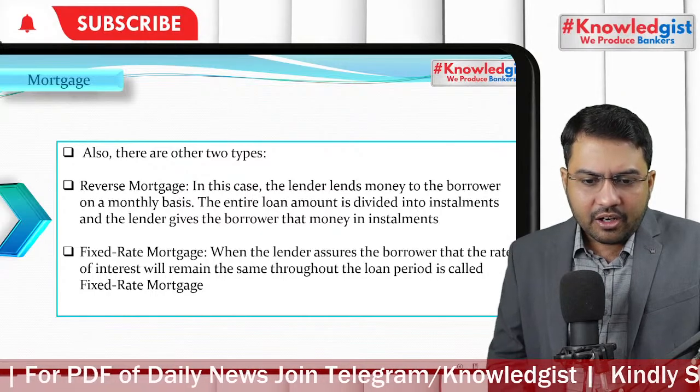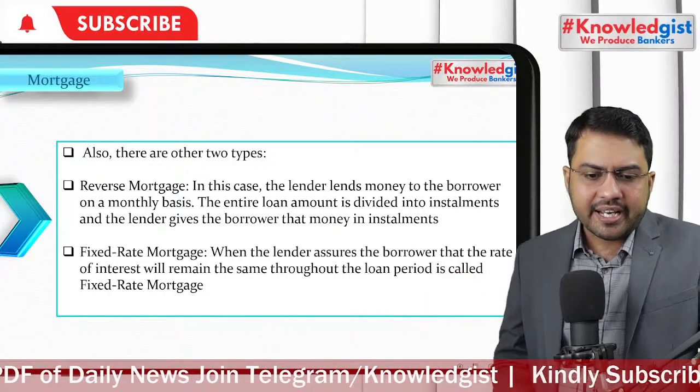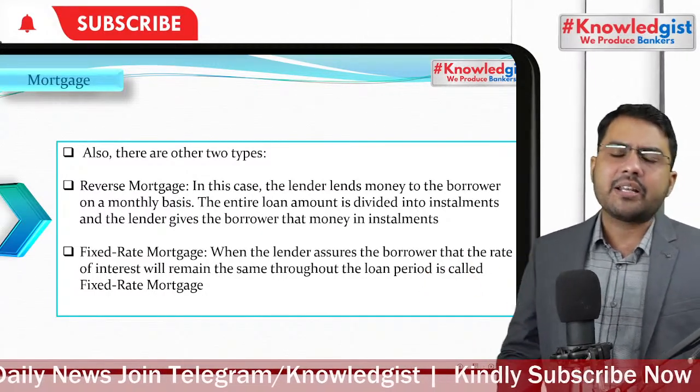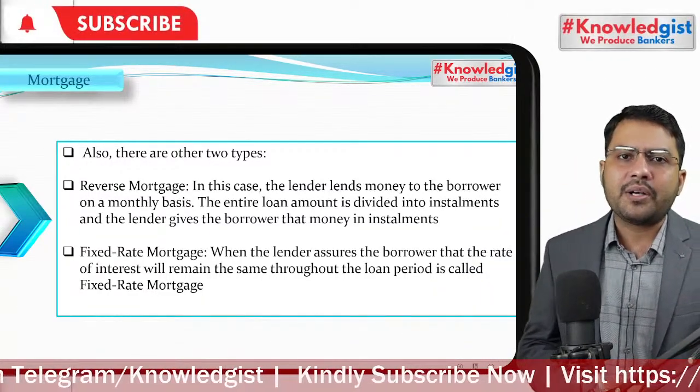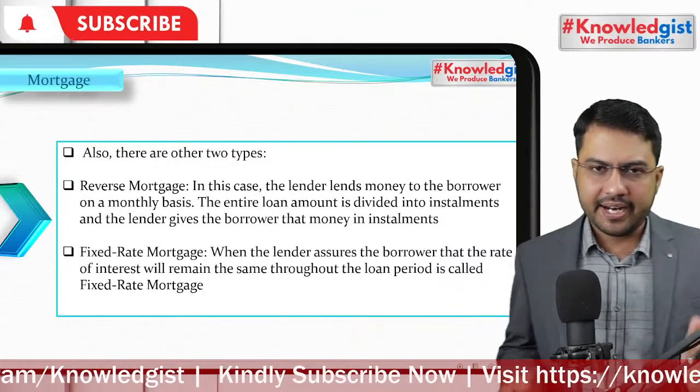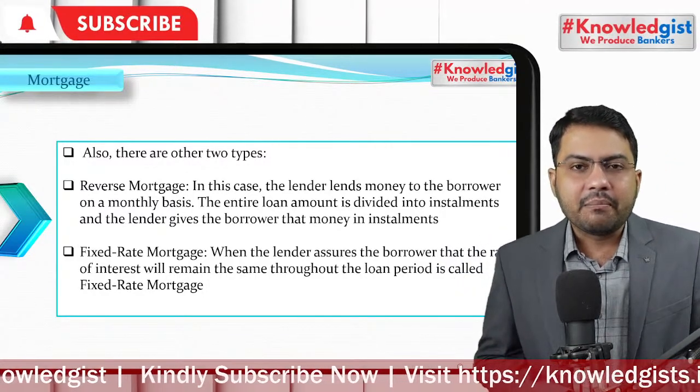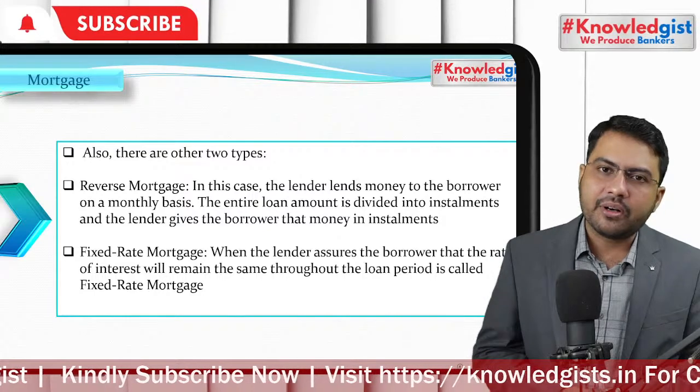Also, there are some other two types of mortgage: reverse mortgage and fixed rate mortgage. Reverse mortgage is for senior citizens. You have a property, but you don't have money for your day-to-day transactions.